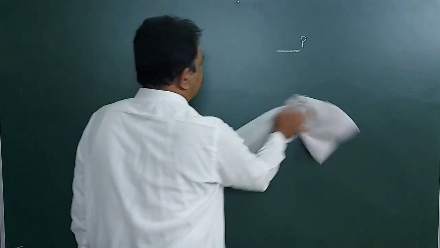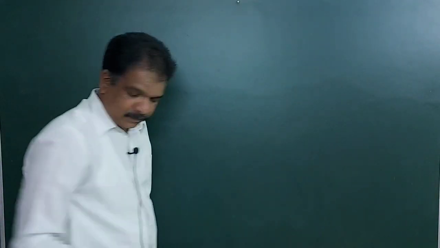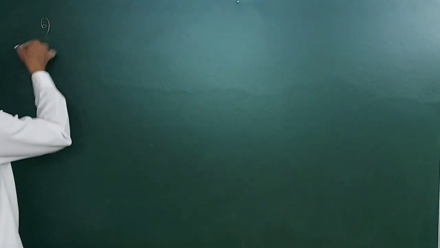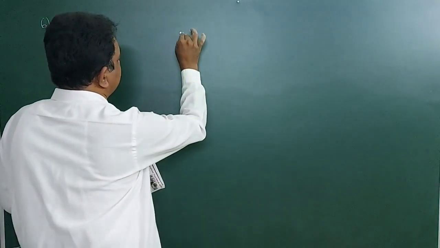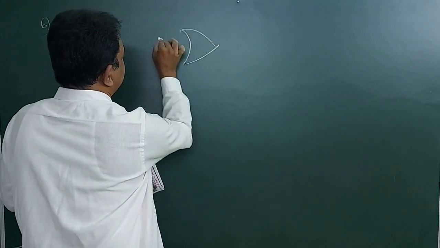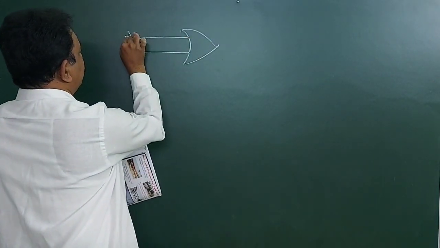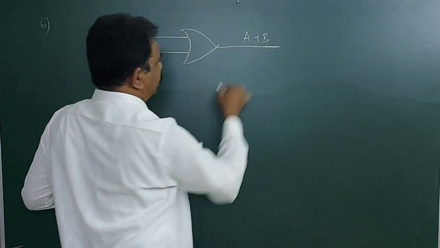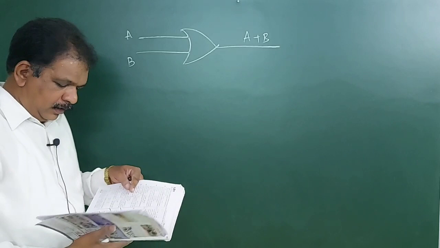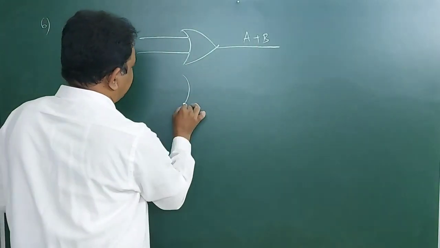Okay. Next, see the sixth question. What they are asking, see, here one OR gate is there. If you give here A, B, output will be A plus B. Here one more OR gate is there.